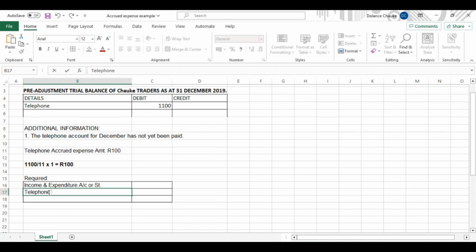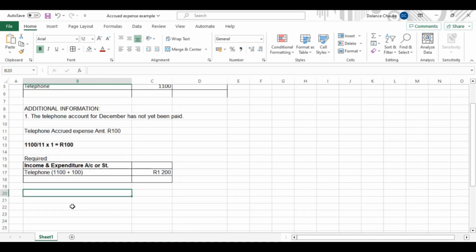The total expenses for the current year is going to be 1,100 plus 100 that is accrued. Then you will get 1,200, which is the total amount of telephone expenditure for the year. Okay, and then that will be your income and expenditure.